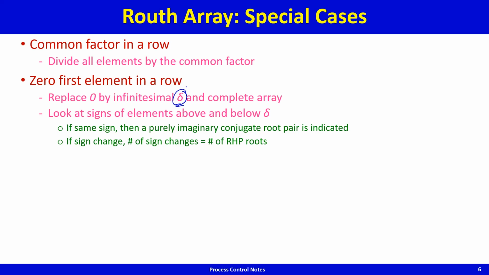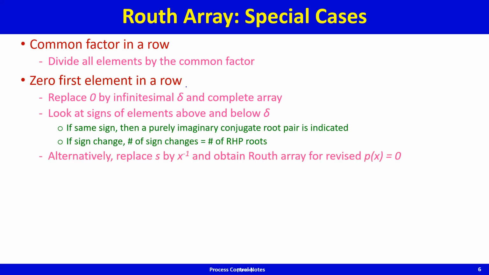If there is a sign change, well, then the number of sign changes is equal to number of right half plane poles, as usual. The other alternative, of course, is to replace s by x inverse in the characteristic equation polynomial, and re-express the characteristic equation polynomial in terms of x, and then apply the Routh array to the polynomial in x.